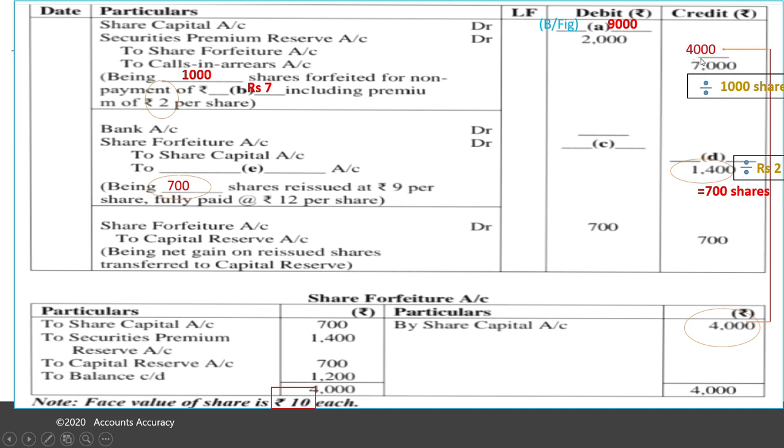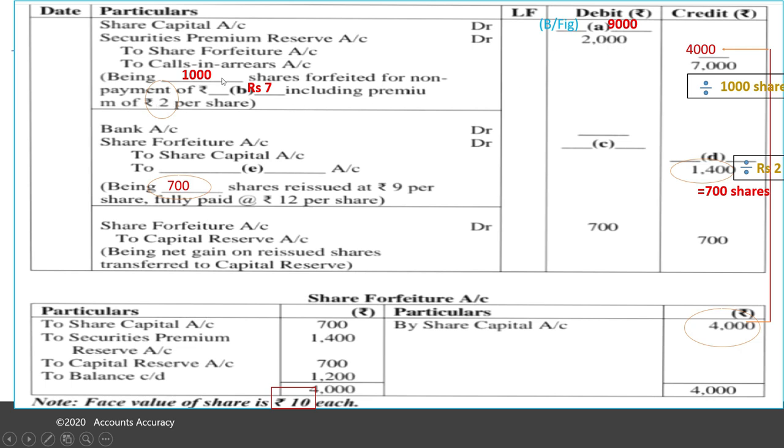If the credit side is 11,000, your debit side balancing figure will be 9,000, because 11,000 minus 2,000 comes to 9,000. Now, the total values you have found out. If you divide 2,000 by rupees 2, the securities premium reserve value, you get the number of shares which got forfeited, that is 1,000 shares.